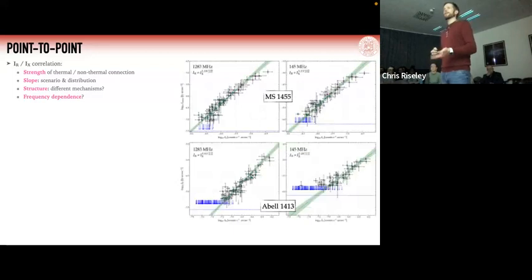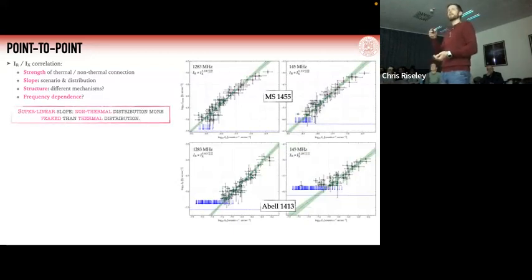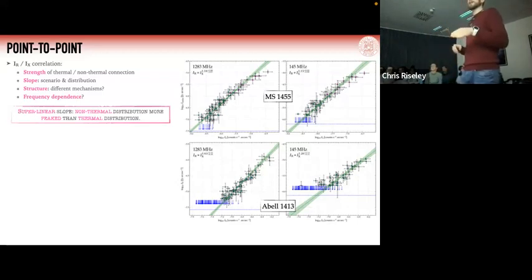We did the point-to-point correlation at both frequencies, and essentially what this tells us, at both frequencies for both clusters, is that we have a superlinear slope, which tells us that the non-thermal distribution, our relativistic electrons and magnetic fields, are more peaked than the thermal distribution.